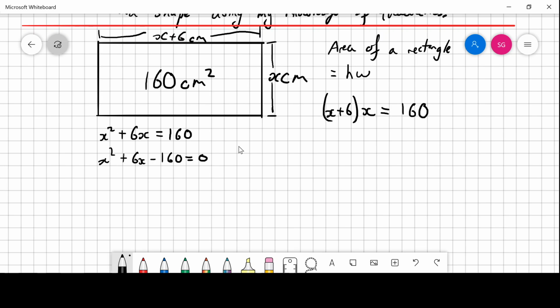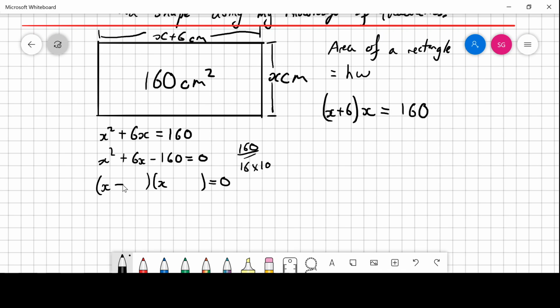So we're factorizing it. Let's look at 160, and we want a difference of 6. So I'm going to immediately go, wait a second, 16 multiplied by 10, that's 160, and those subtracted from one another give me plus 6. So I know from that x plus 16 and x minus 10 equals 0.